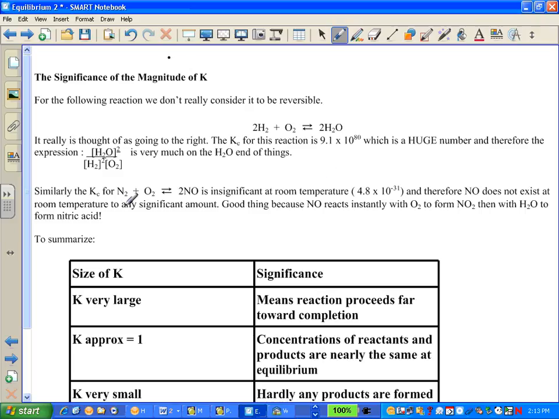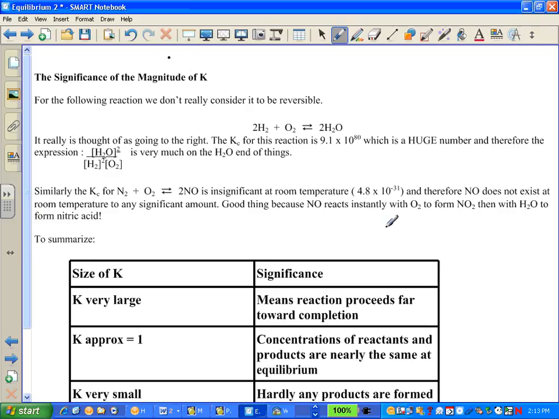Similarly, if we look at this reaction of nitrogen and oxygen to produce NO, the value of Kc for this reaction is 4.8 times 10 to the negative 31, okay, which, as you can appreciate, is a very, very, very small number.